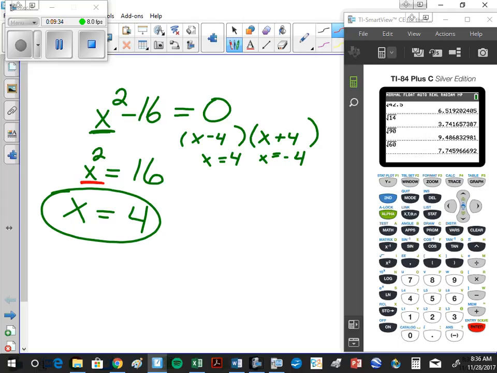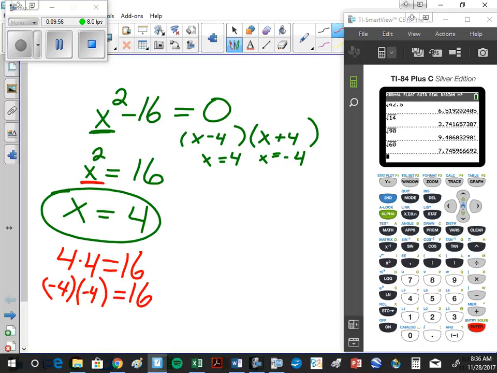But there's a second answer, negative 4. So 4 times 4 is 16, but negative 4 times negative 4 is also 16.